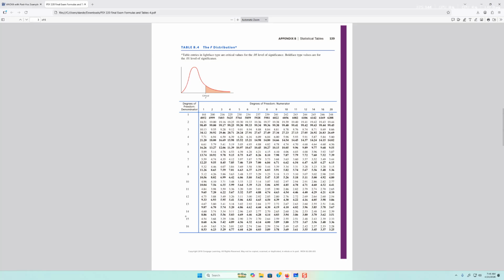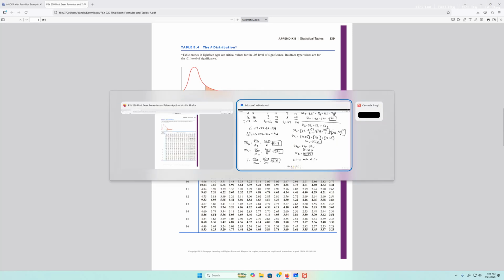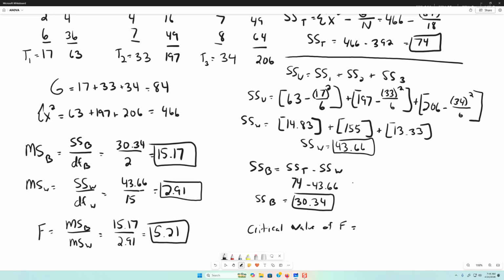And if I'm doing 0.05, which I am, I'm looking at the regular font, which gives me a critical value of 3.68. So I have 3.68 as my critical value from the table. Is 5.21 greater than 3.68?